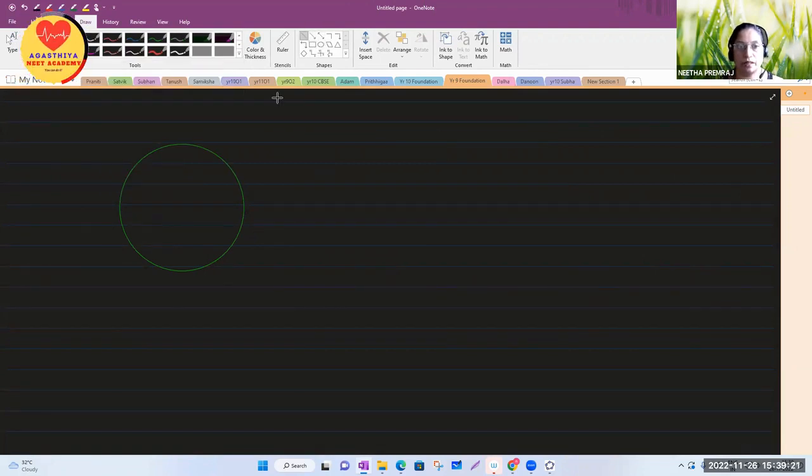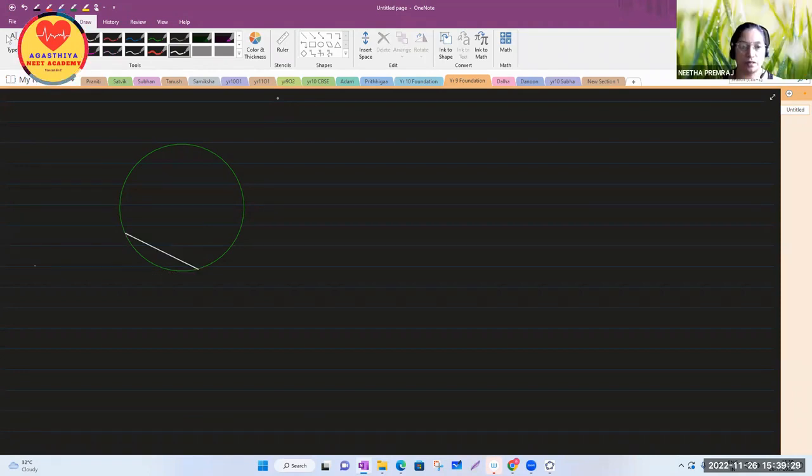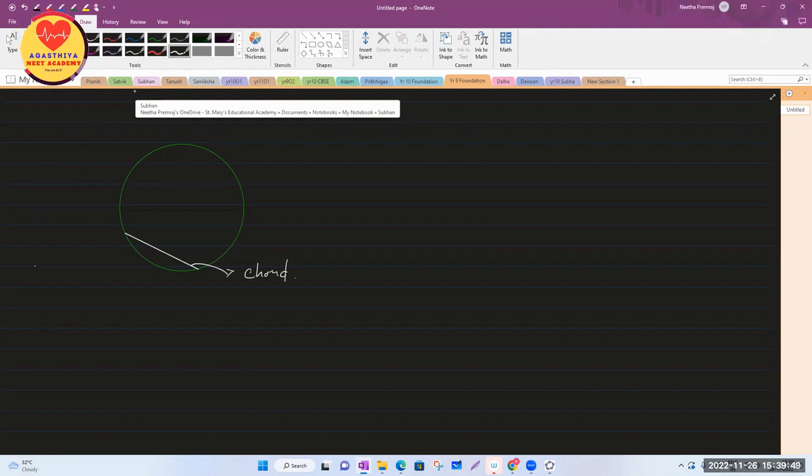If you draw a line, what is the name of this line? It is a chord. What is the greatest length of the chord? So many chords can be drawn. What could be the maximum length of a chord?